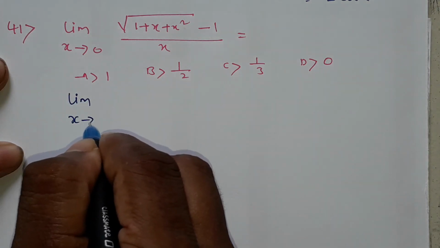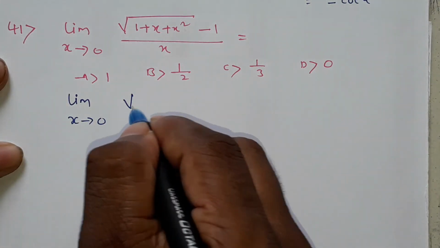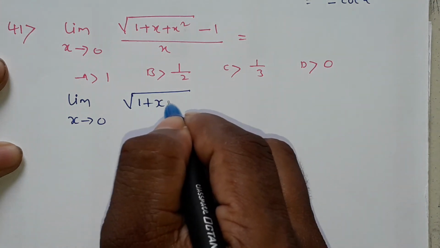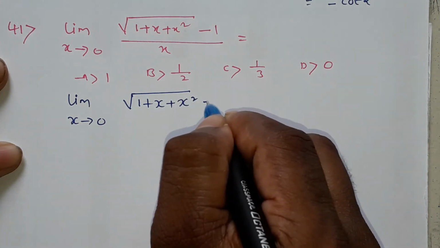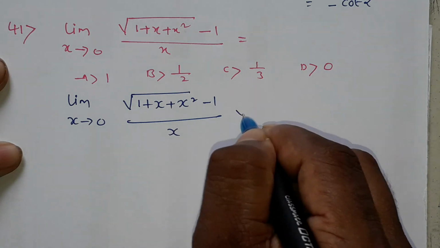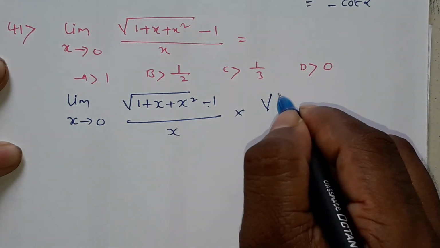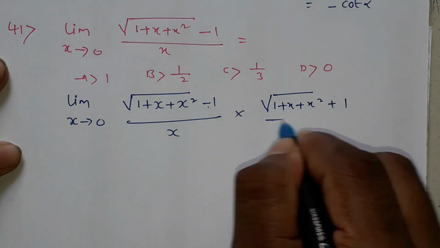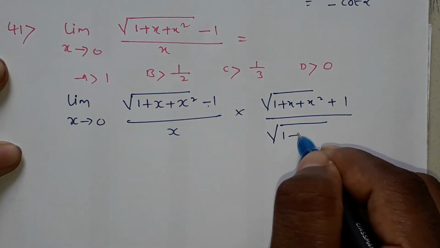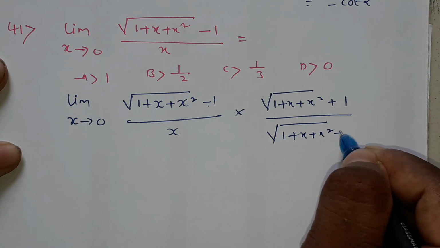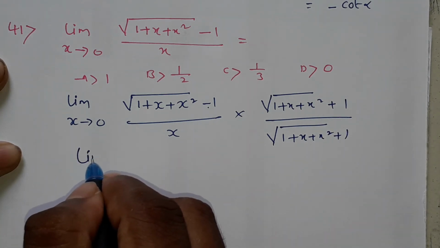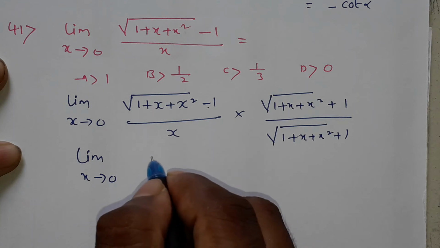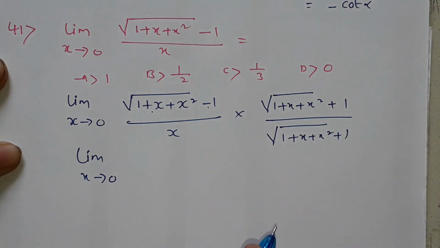Limit x extends to 0, (under root 1 plus x square minus 1) by x. The rationalization part is negative, so in rationalization we take the positive, plus 1, by under root 1 plus x square plus 1. Here we write limit x extends to 0, (a minus b)(a plus b). Whenever we rationalize, the numerator becomes a square minus b square, and the denominator also becomes a square minus b square.